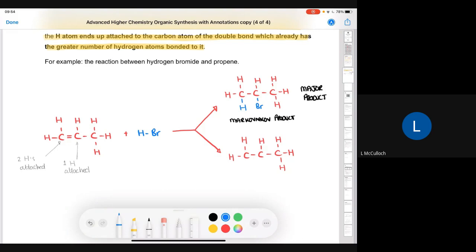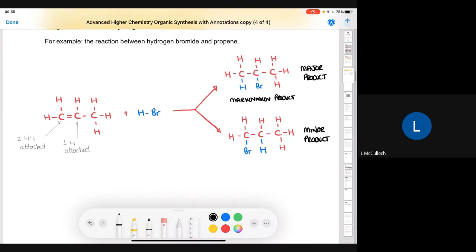And then for this one, we're going to put the hydrogen onto the carbon that has the lower number of hydrogens attached, so that middle carbon, and then that bromine is going to go on to the first carbon there. And that's our minor product, which we could also call the anti-Markovnikov product, because it's going against Markovnikov's rule.